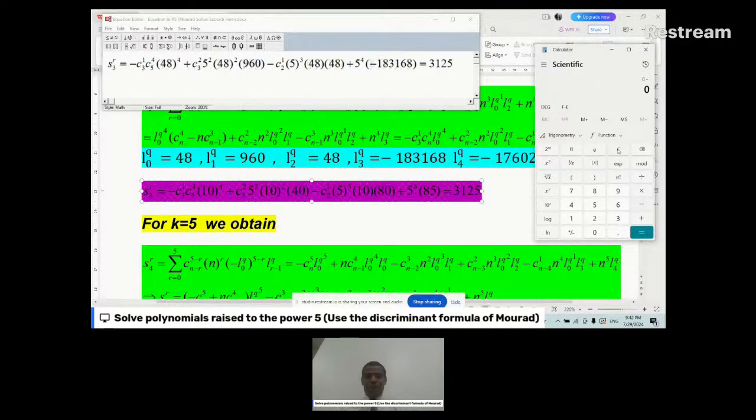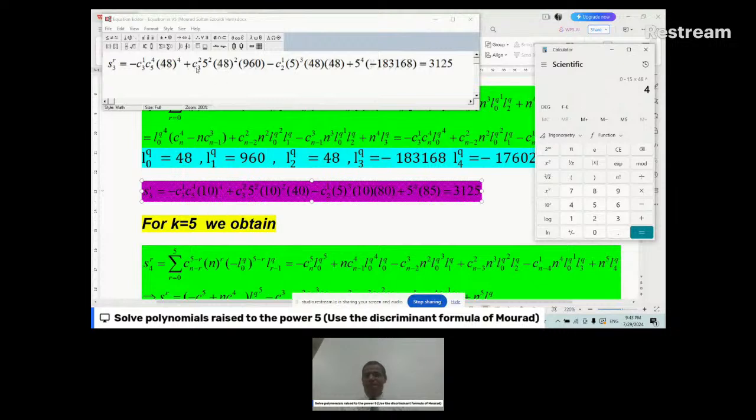So to be negative, okay, 3 times 5 is 15, times 48 raised to the power 4. Even GeoGebra, you can put this example in GeoGebra. It will tell you, sorry, you can't solve this kind of question. It's very difficult.